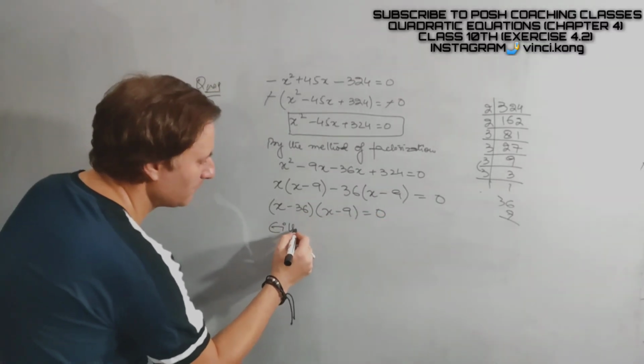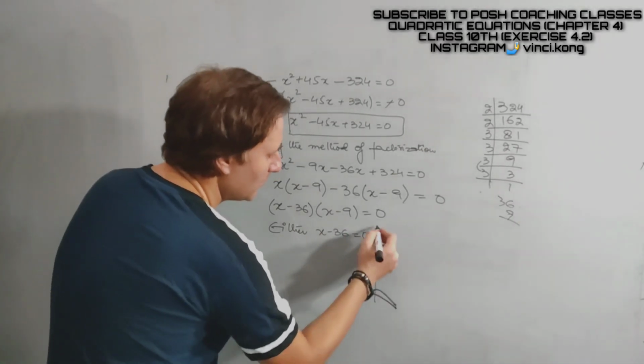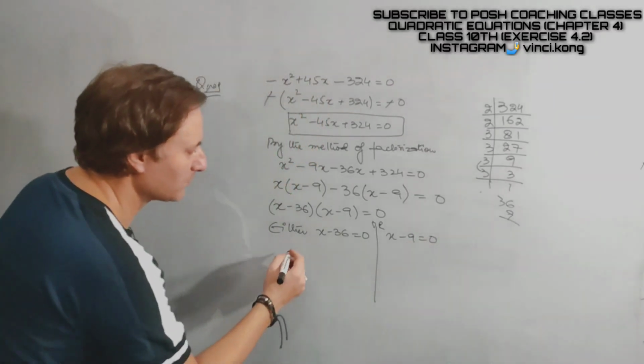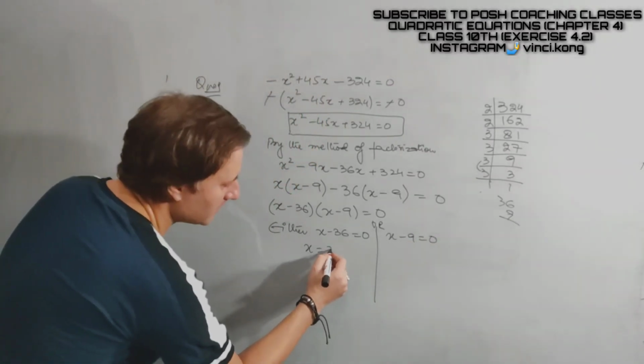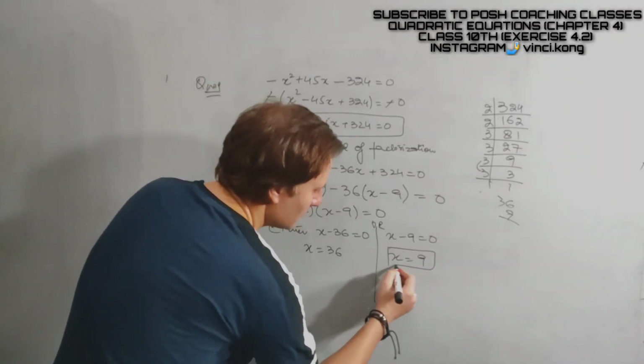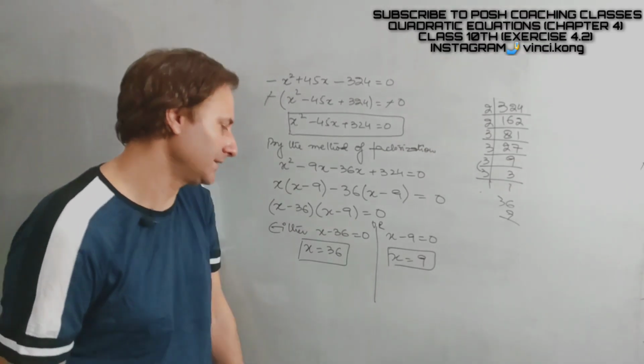So either x minus 36 is equal to 0 or x minus 9 is equal to 0. So what do I have? I have x is equal to 36, x is equal to 9. So these are the number of marbles John and Jivanti had.